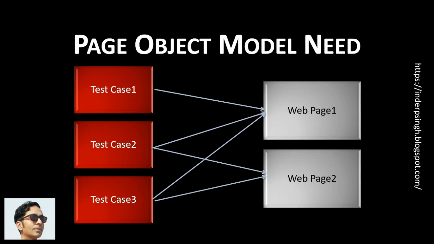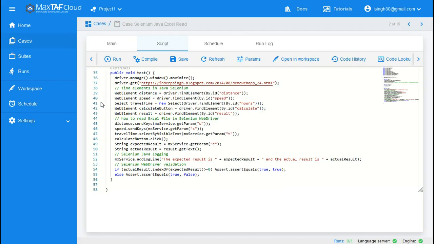Also, since you have the web page specific information and test logic in these test cases, your test cases are long and perhaps less readable. This is an example of a test case that does not use the page object model.